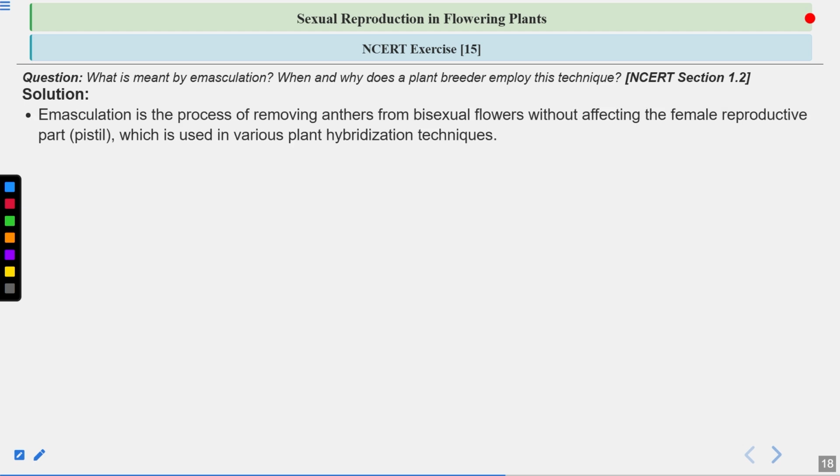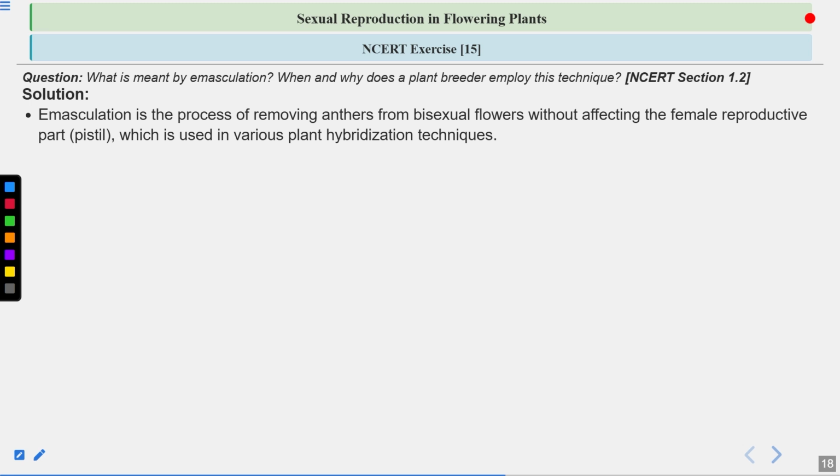Emasculation is the process of removing anthers from the bisexual flower without affecting the female reproductive part, the pistil, which is used in various plant hybridization techniques. To understand this, suppose you have taken a bisexual flower, and ensure that the pistil part of the flower is immature at that particular time.